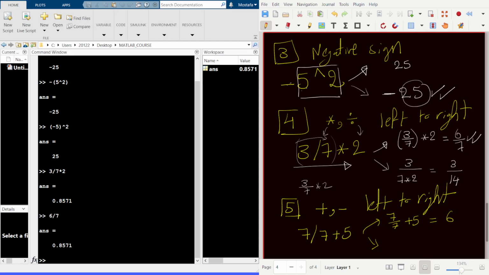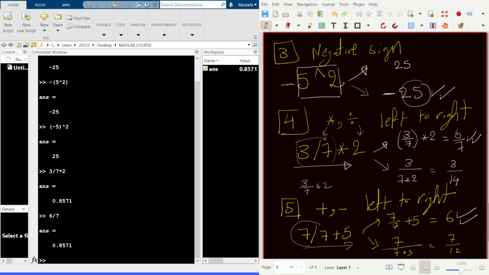Or one can think of this as 7 over 7 plus 5, which is 7 divided by 12, so it's a number less than 1. And if you think about what we discussed, the correct way MATLAB will handle this is actually the first case, where it goes from left to right with higher priority to the division.